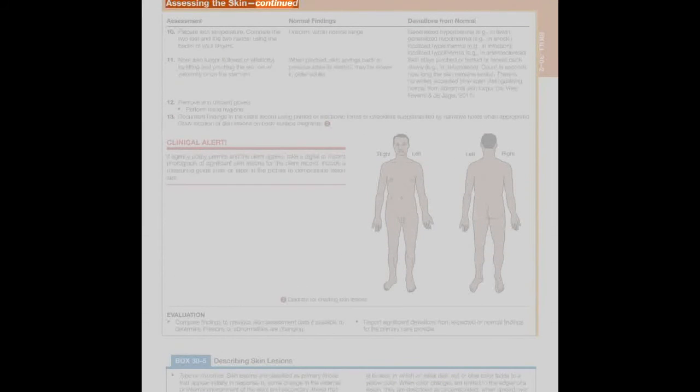Assessing the skin, continued. Skill 30-2. Assessment, normal findings, deviations from normal.